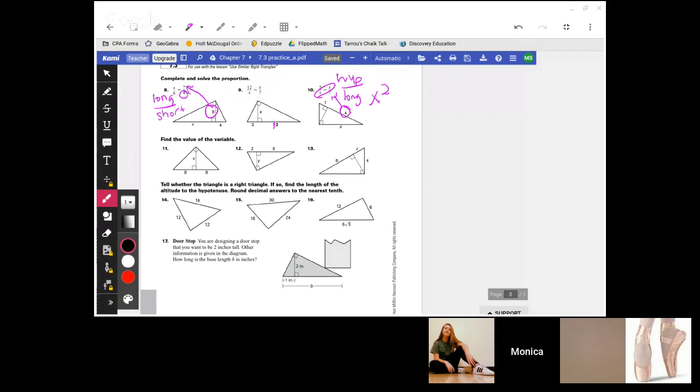Okay, so on that one, you're using the medium triangle, and 12 is that the long side, short side? And then it's over x. So is x the short side or the hypotenuse?